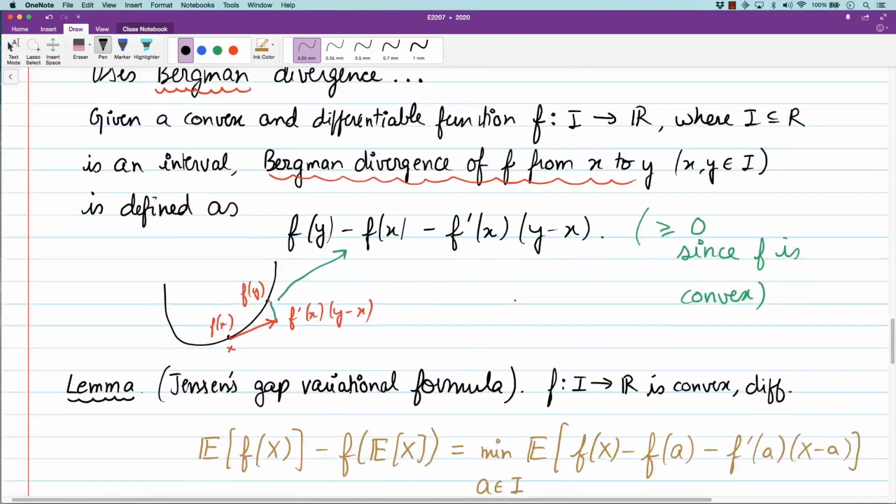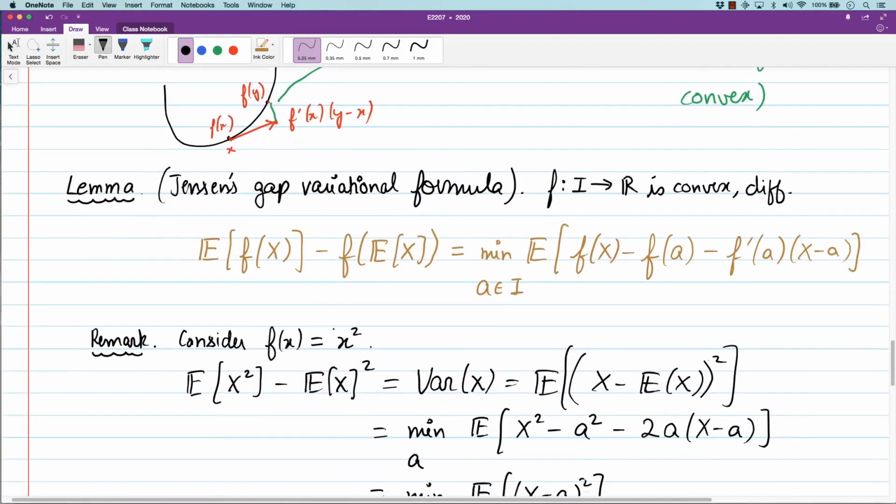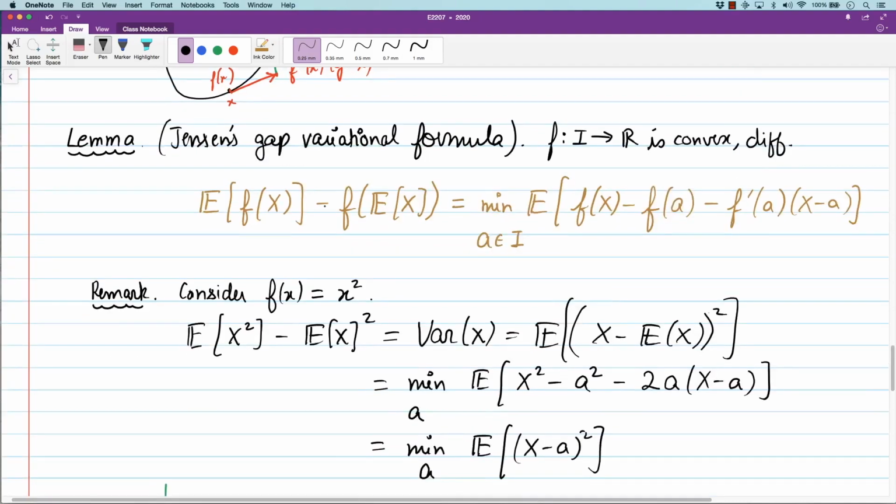So this is all a corollary of this Jensen's Gap variational formula, which is in terms of this Bregman divergence of f from A to x. So how do we show this formula?